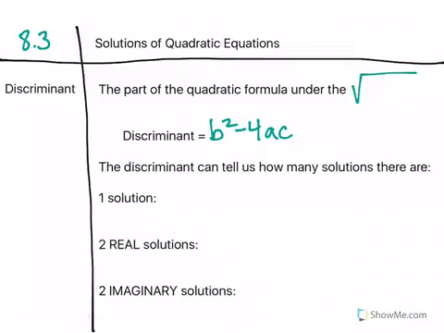So that means that we need to first talk about the discriminant. The discriminant is the part of the quadratic formula that is under the radical sign.